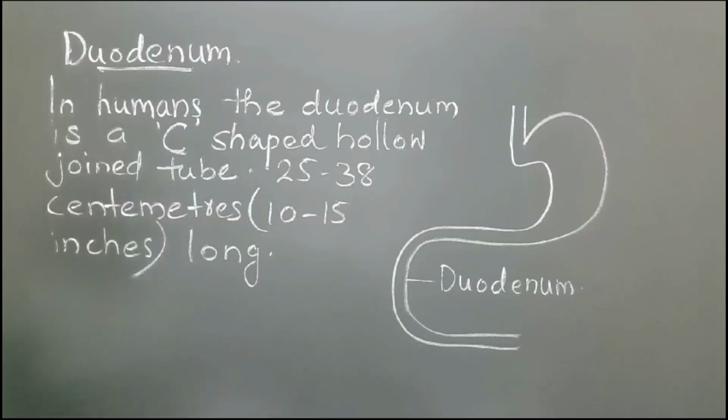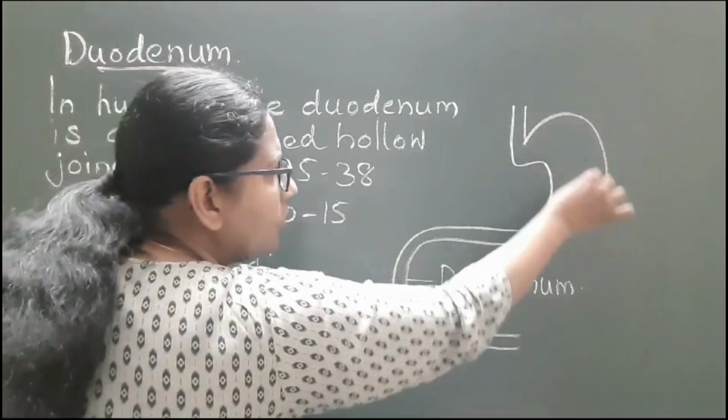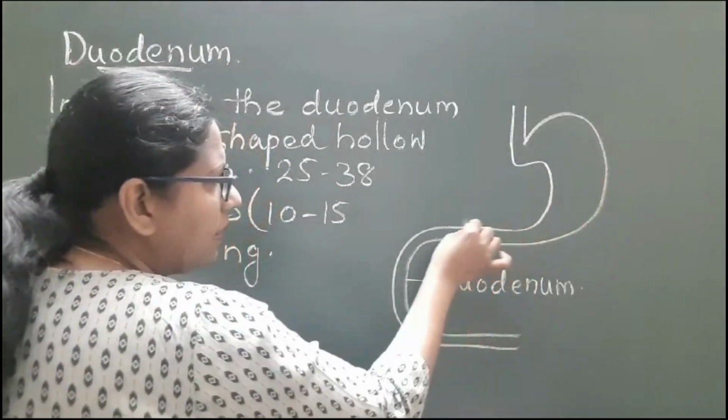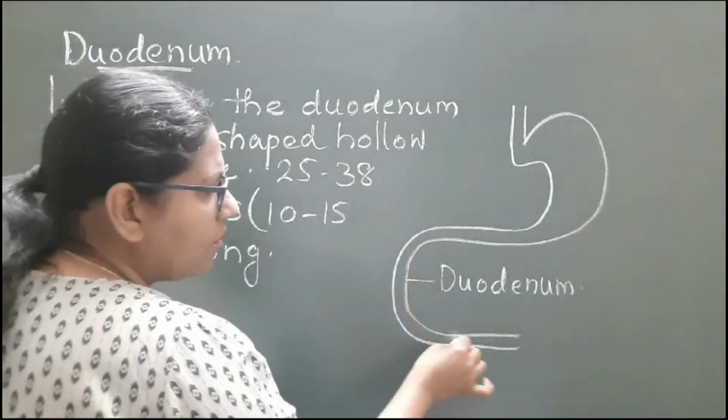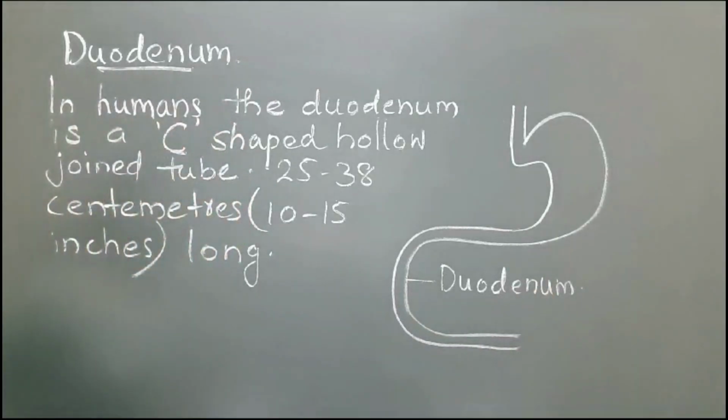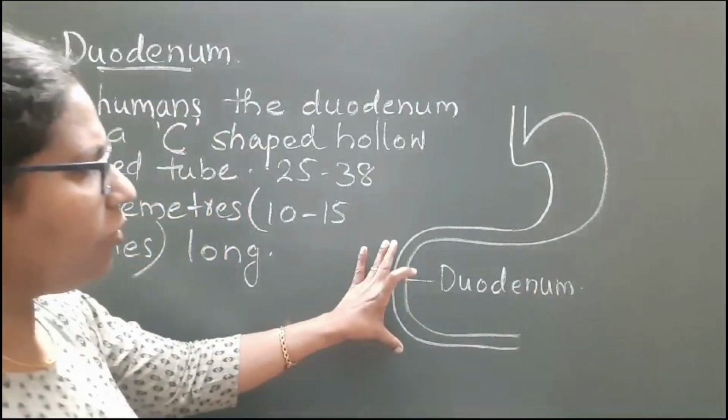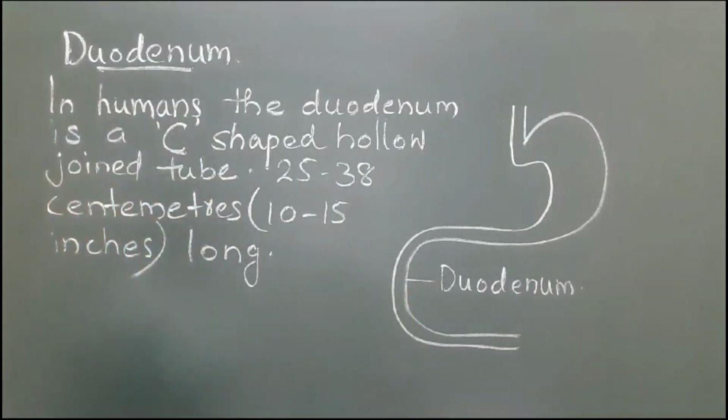Here is the duodenum. Here you know the stomach, and it comes down to the small intestine. The first part of the small intestine is called the duodenum.